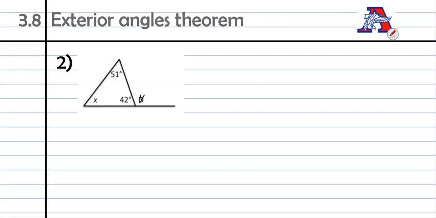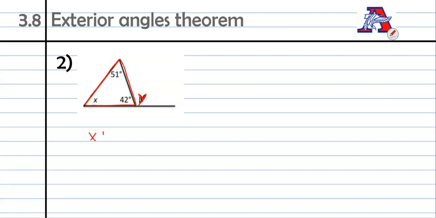Okay, next example, we're going to call this angle y. So we have, again, a couple of variables to solve for, and we're going to see if we can figure all of them out. So this is actually going to put together our interior angles and exterior angles theorem. If we first just look at the triangle that's given to us, we have two of the three angles.